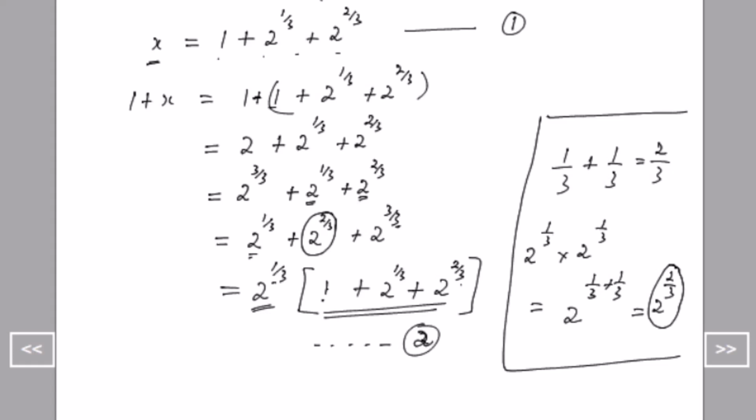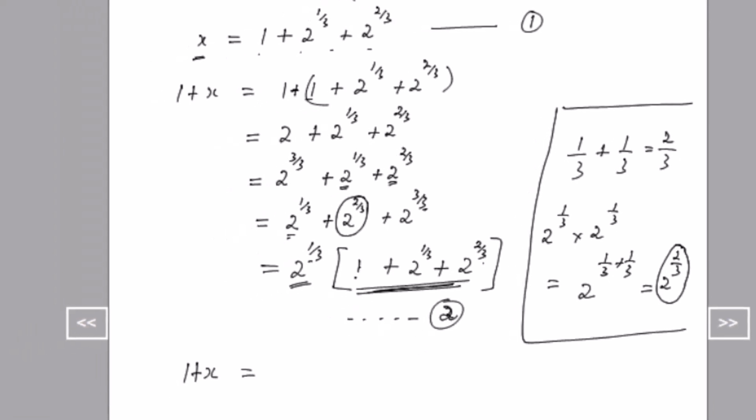Which means in equation 2, if we just replace this part with x, what do we get? 1 plus x equal to 2 to the power 1 by 3 into x, right?